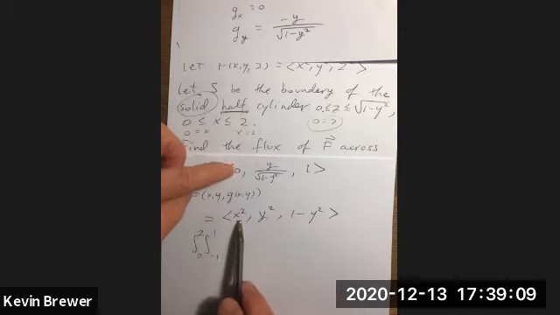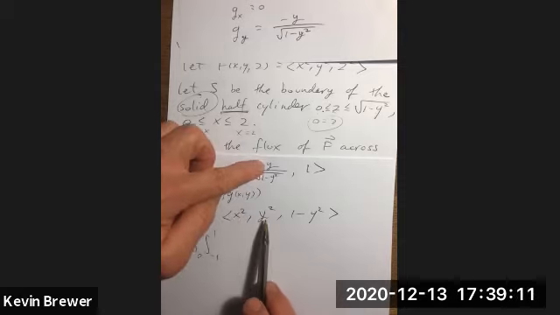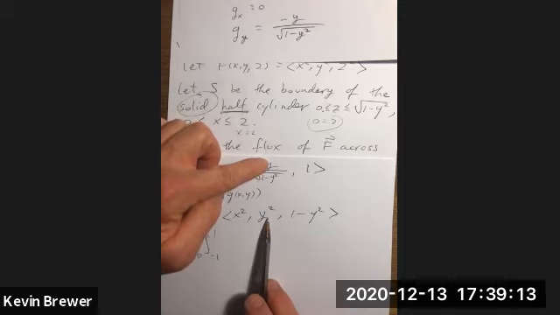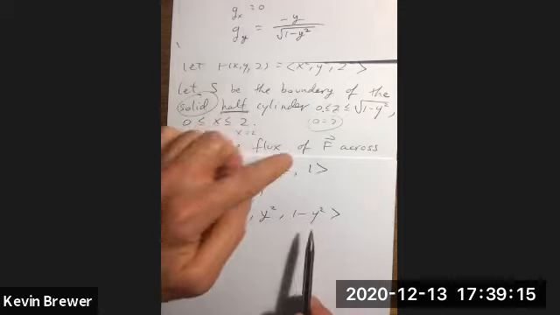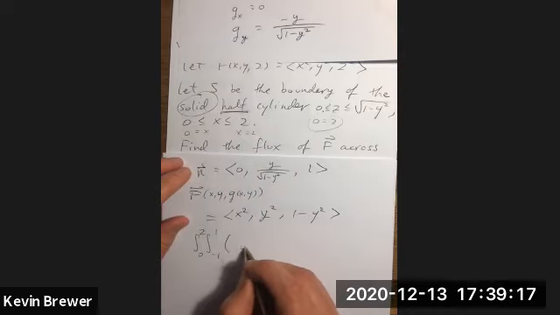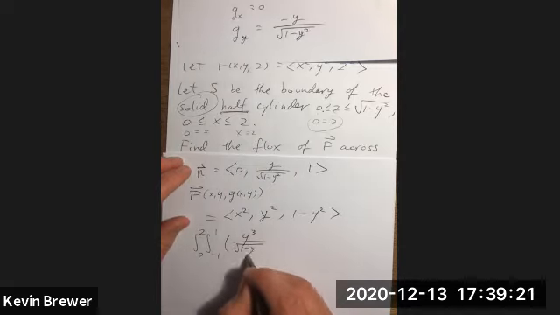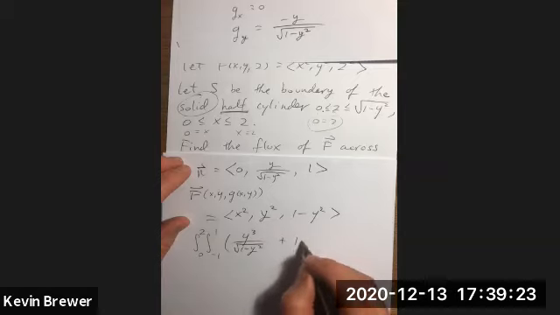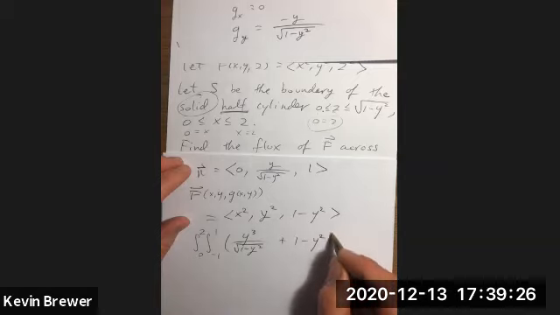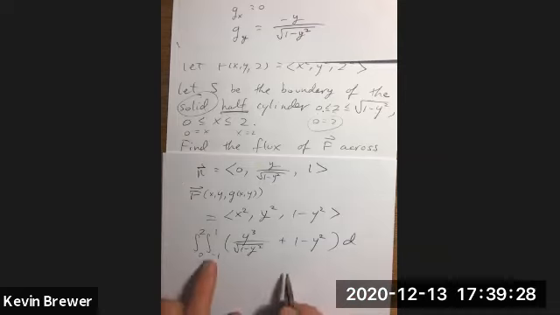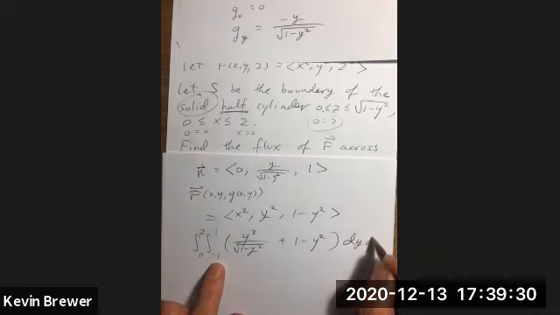F dot n is 0 plus y cubed over square root of 1 minus y squared plus 1 minus y squared. And then I'm doing the dy integral and then the dx integral.